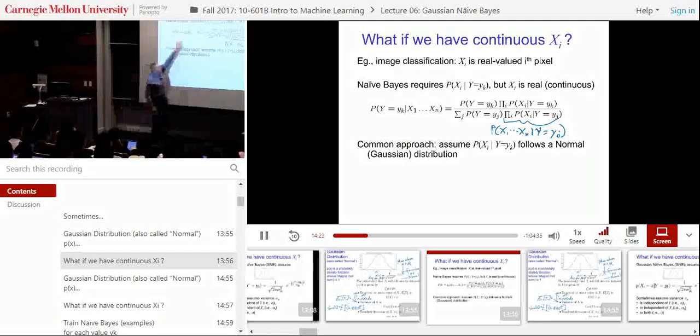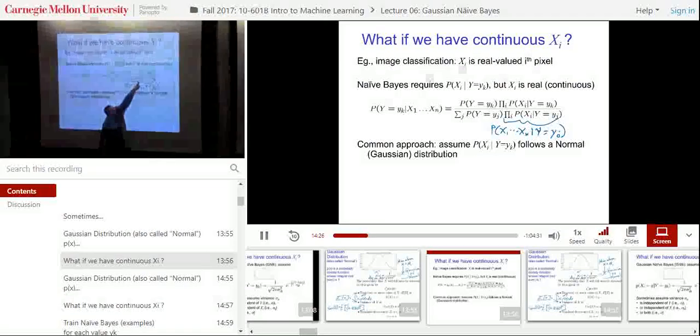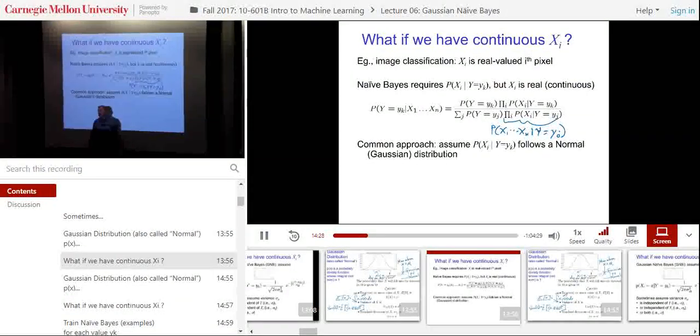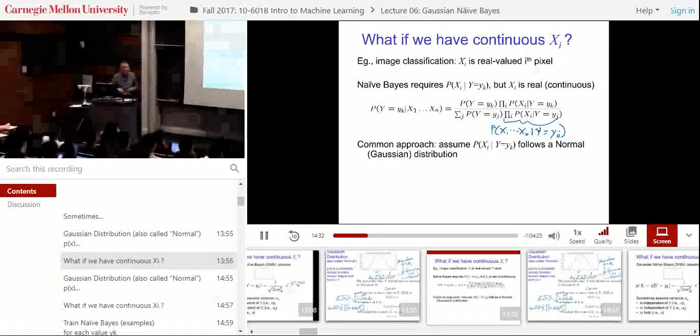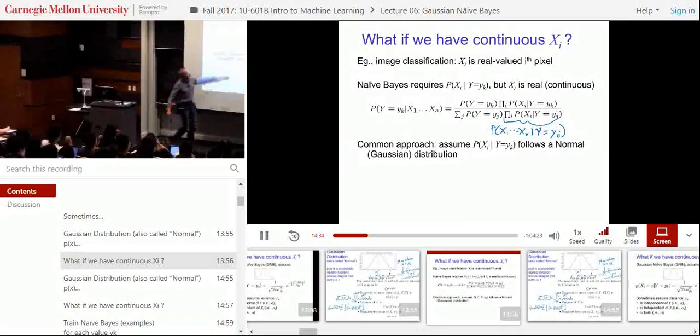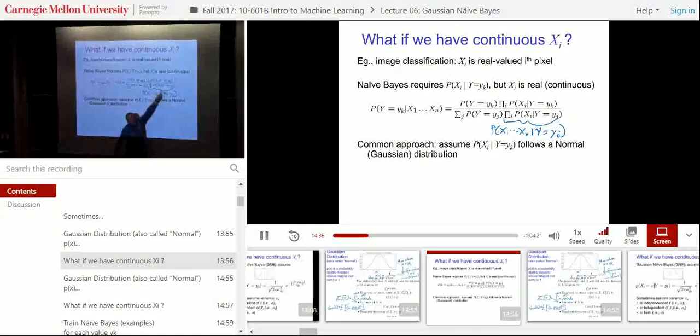So Bayes' rule tells us that this has to be here. By making the conditional independence assumption, we can rewrite this as that. So it's exactly the same conditional independence assumption. The only difference is really how are we going to now represent each of these terms?